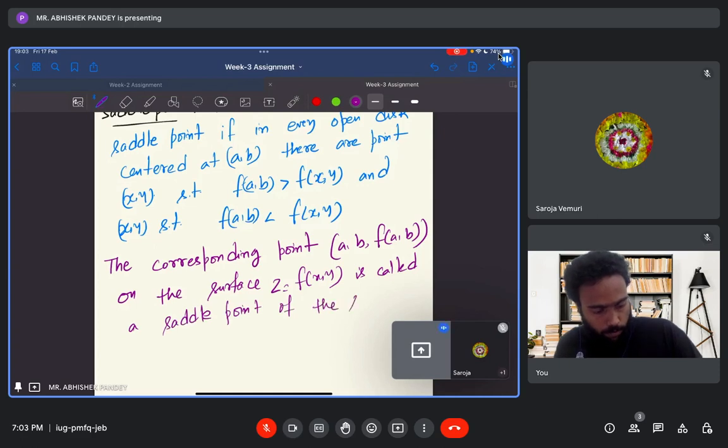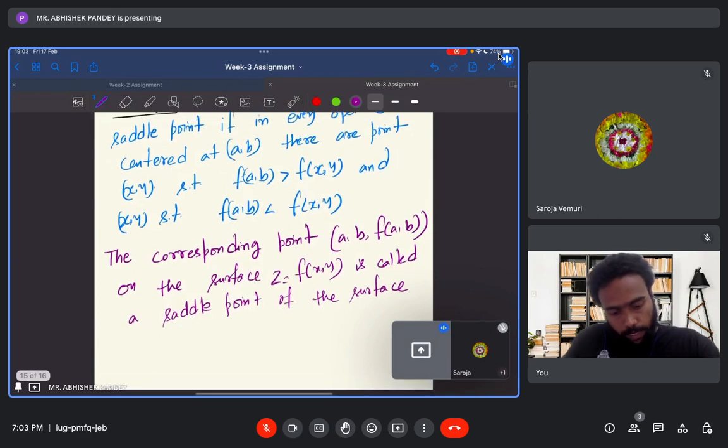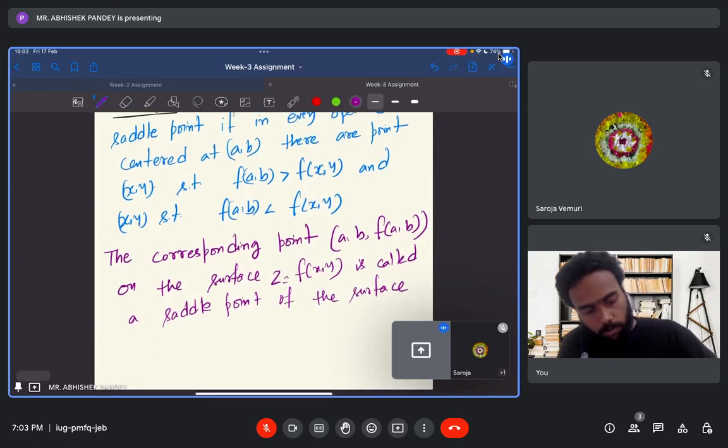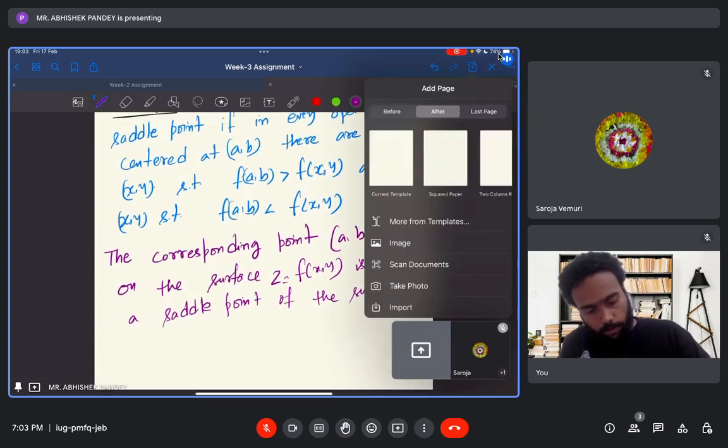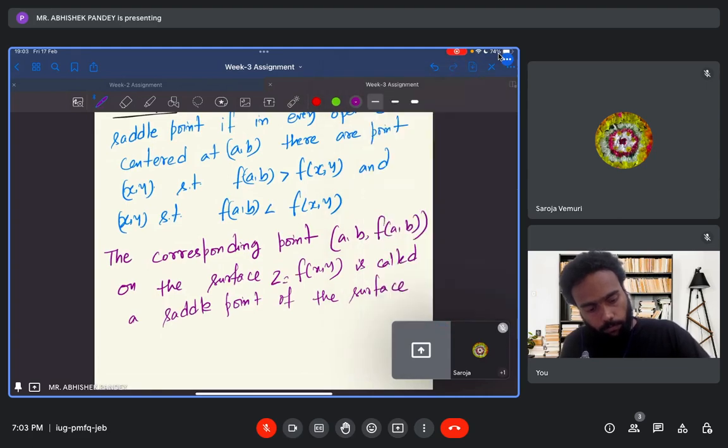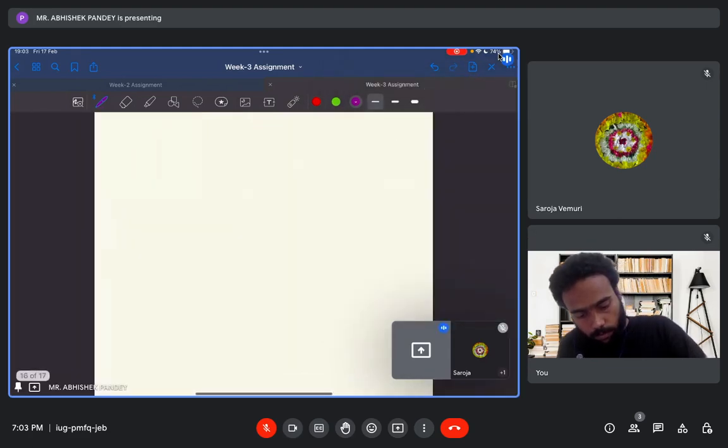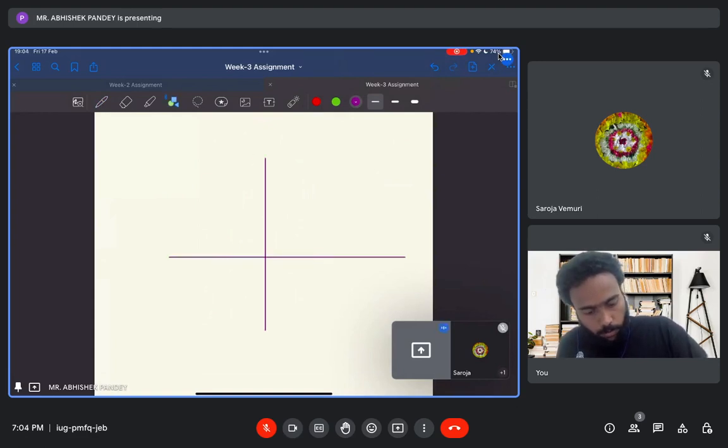Saddle point of this surface. Okay. So such things we have seen in real variable also, something like, okay, so you draw this graph.